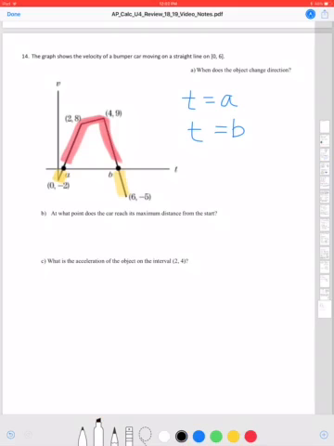So if the object starts out moving backwards, and then at time A, it's moving forward all this time, and then it moves backwards, the maximum distance from the start has to be here. So the maximum distance from the start has to be at t equals b.